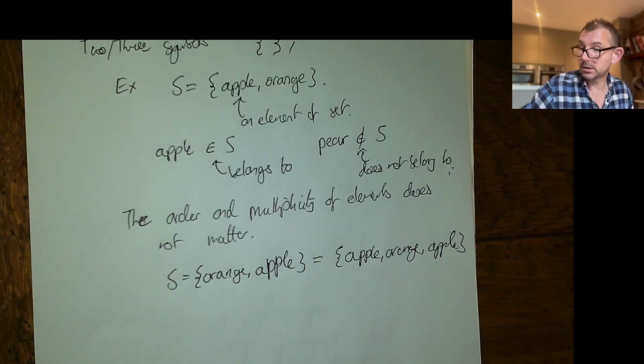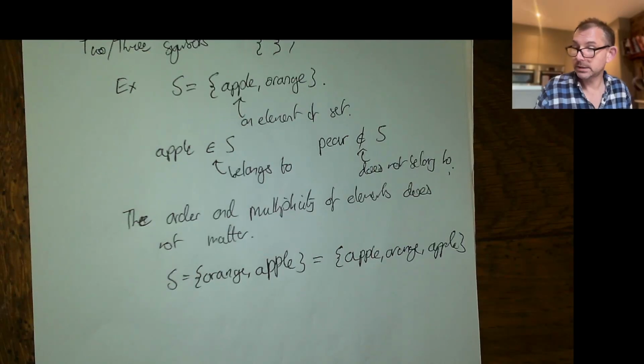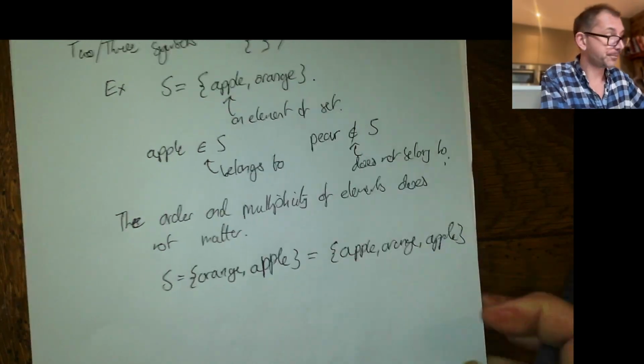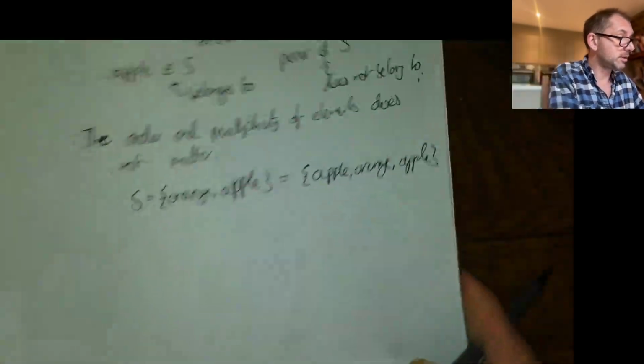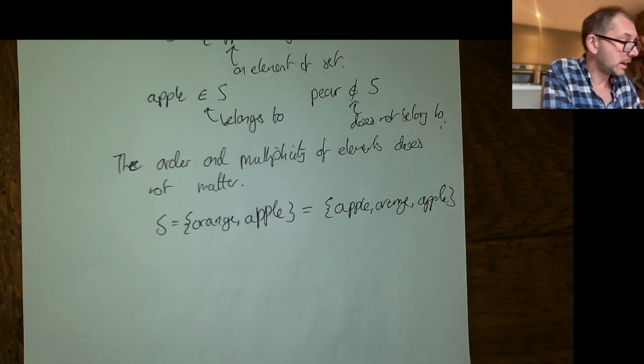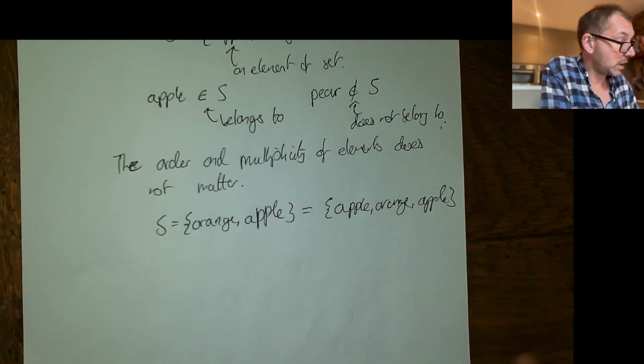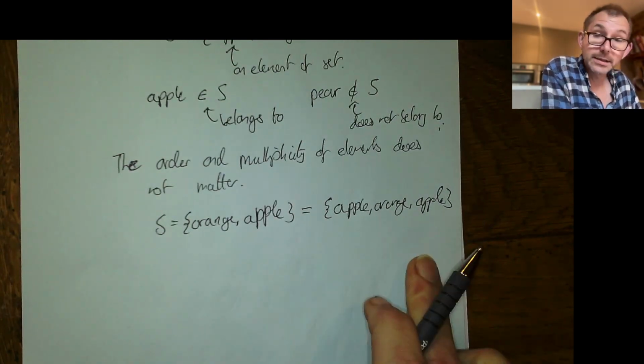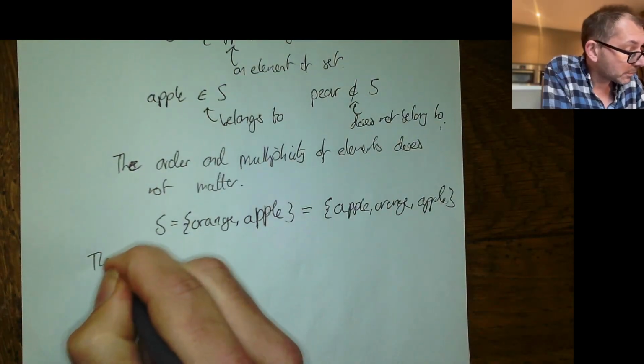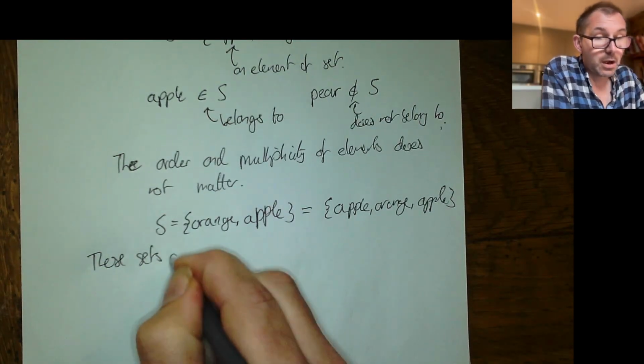What else do I want to say about that? Not very much. I think what I want to do now is to say how to construct sets. So these sets are in list form.